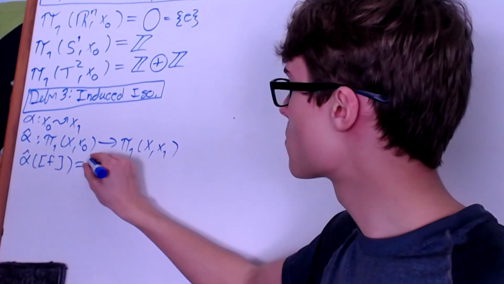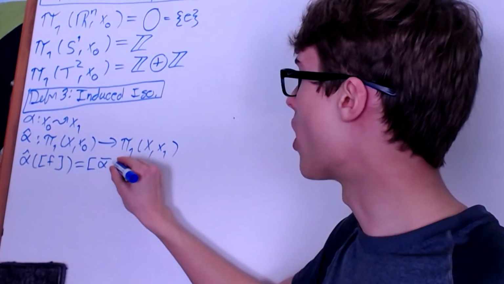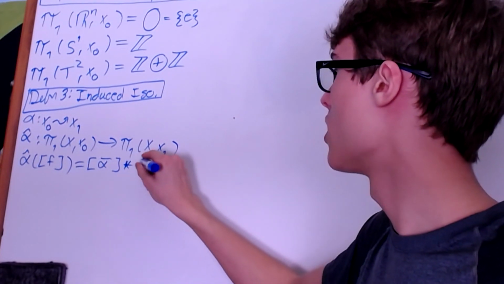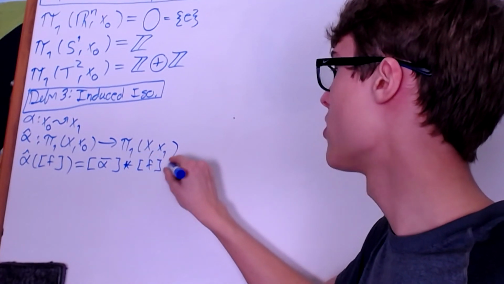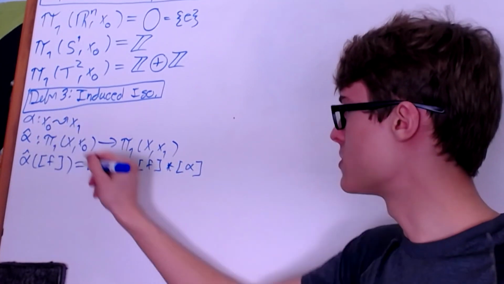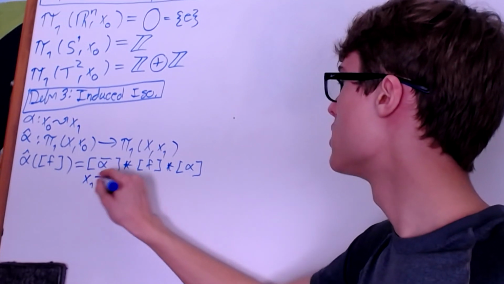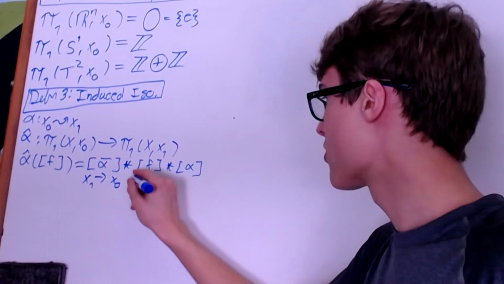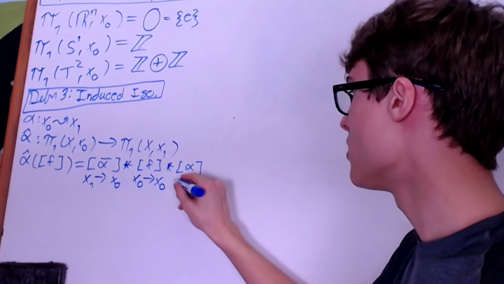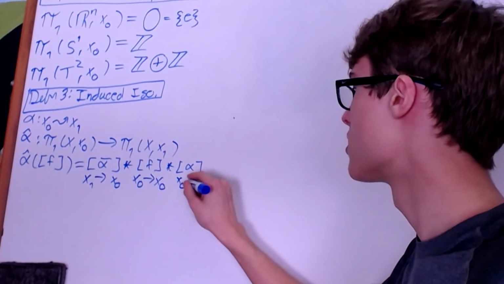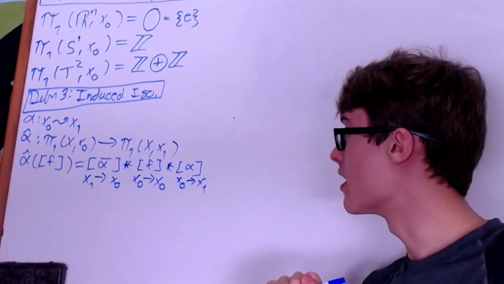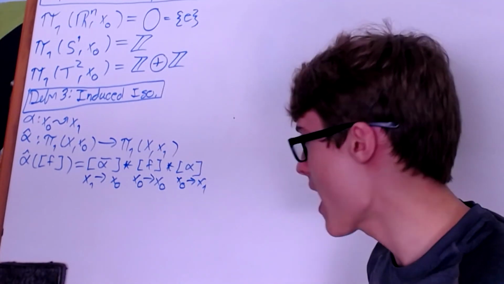So we will do the equivalence class on alpha bar, and the bar is actually important there, star, equivalence class on f, star, the equivalence class on alpha. So alpha bar flips it, so it goes from x1 to x0. f goes from x0 to x0 because it's a loop, and then alpha takes you from x0 to x1. And so overall, we go from x1 to x1, and then we get a loop starting and ending at x1.